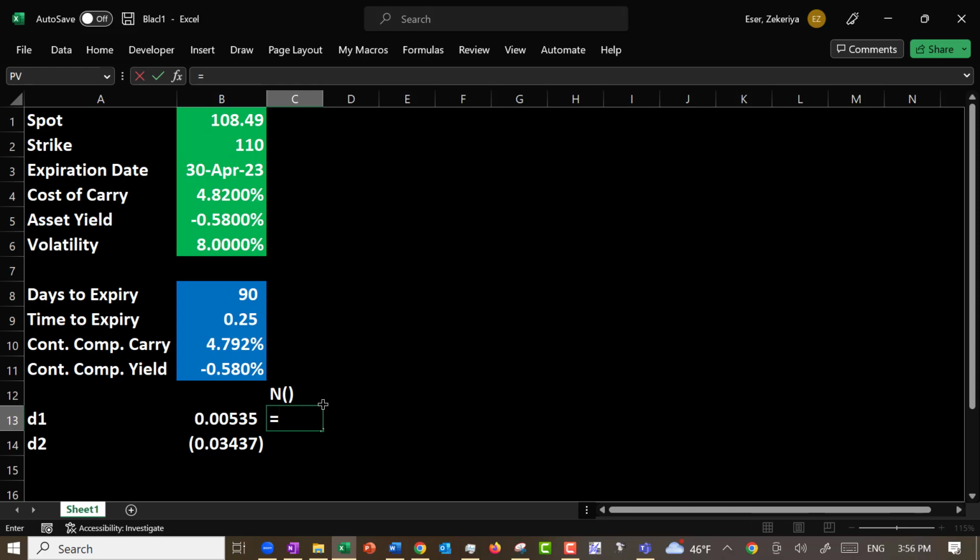N of D1 is NORM.S.DIST, that one. I'm going to call this N of X. I'm going to also need N of minus X. Nice thing about that is because of symmetry, that's 1 minus N of X. I could have separately calculated N of negative D1, but that's the function that calculates the CDF of the standard normal distribution, or so-called Z distribution.